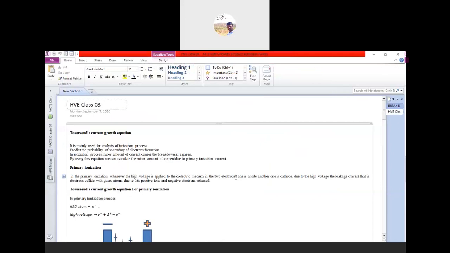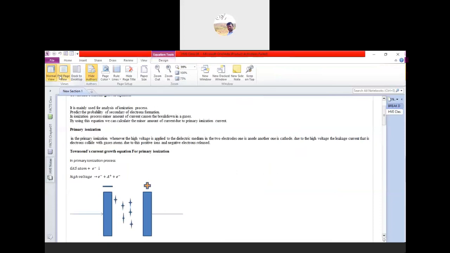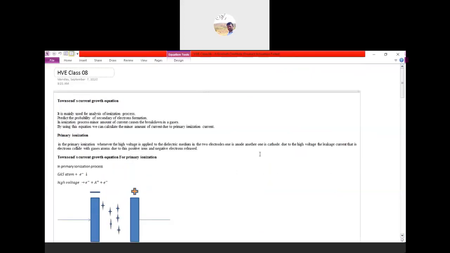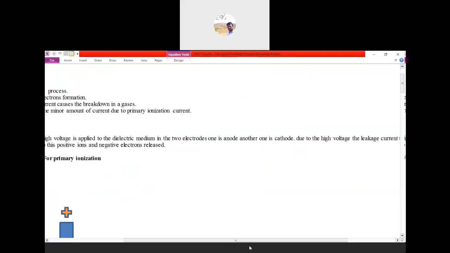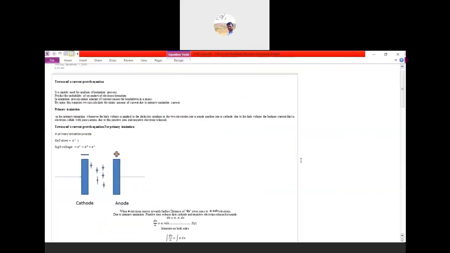In the PPT, we don't have such features. Here we can annotate, and it is easy to copy and paste. Okay, I'll put it in full screen mode. If you are seeing the screen properly, okay, or else I will put it in zoom mode.